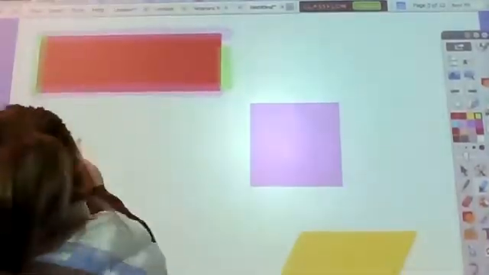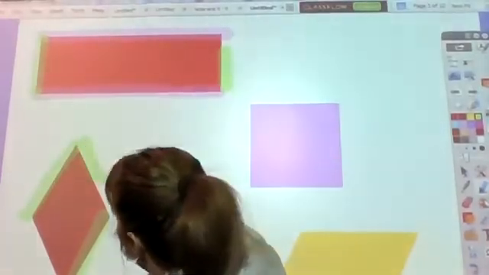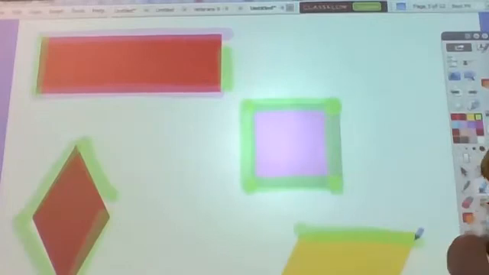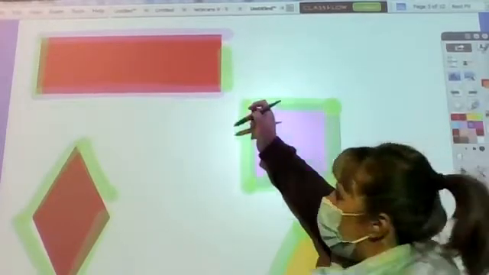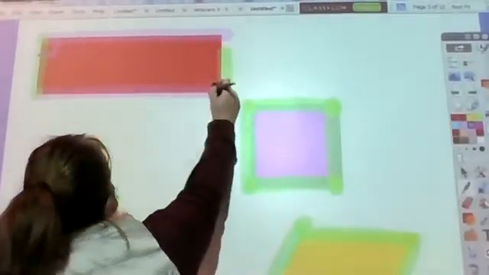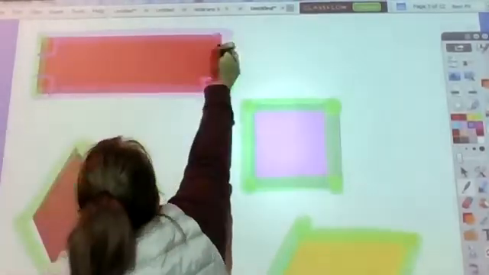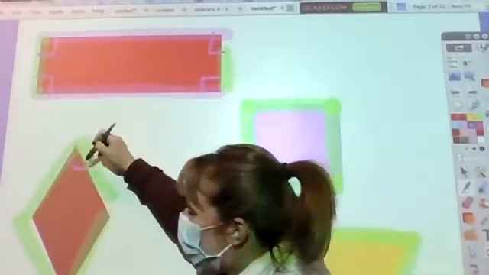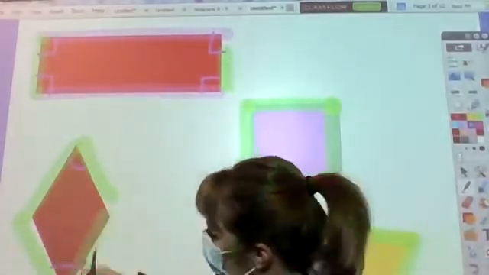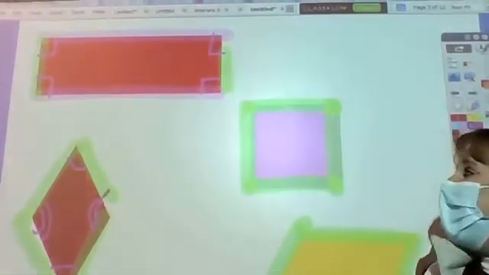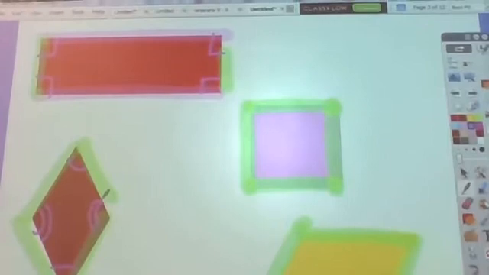Same with this one, parallel, parallel. Now, the other part that we said is opposite angles are congruent. This angle right up here is 90 degrees, and so is this one. This side angle is 90 degrees, and so is this one. Look at this one. This angle is going to be the same as this one, and this one is going to be the same as that one. Opposite angles are congruent, okay?